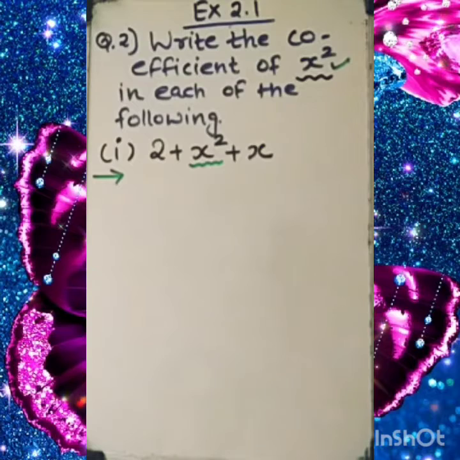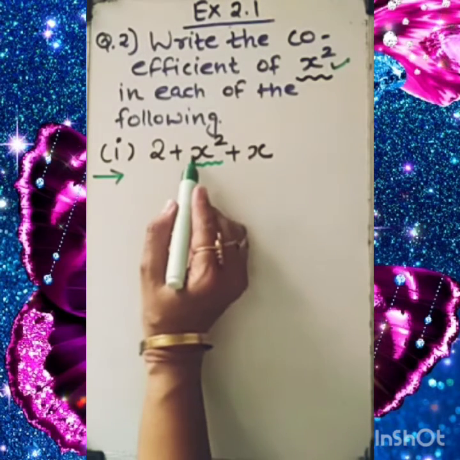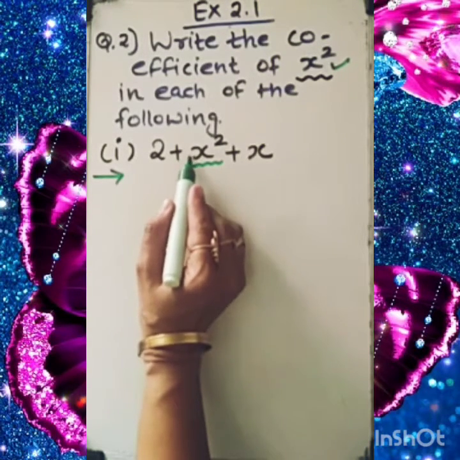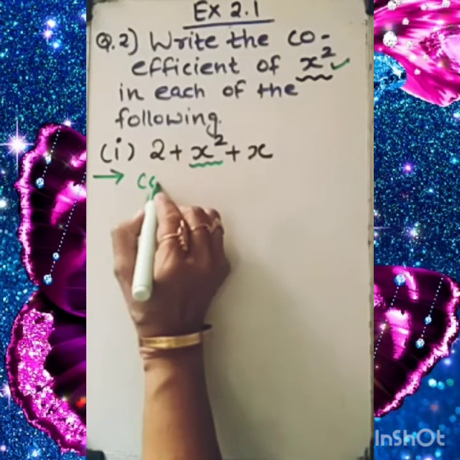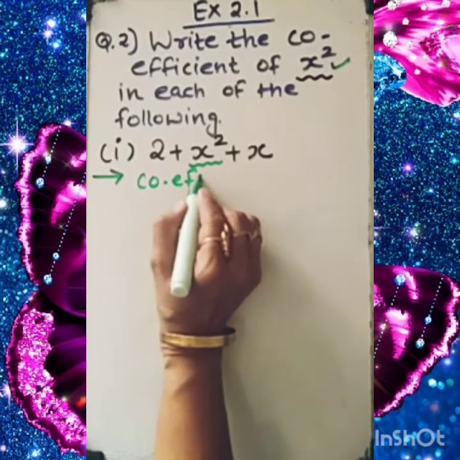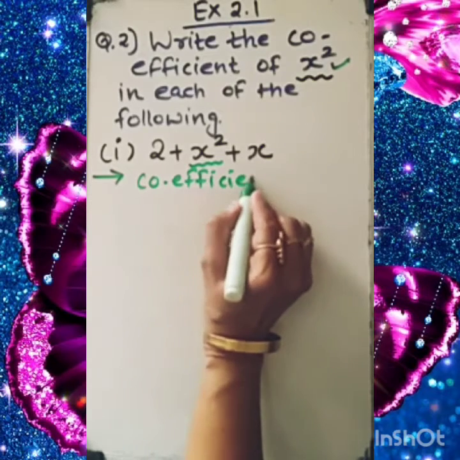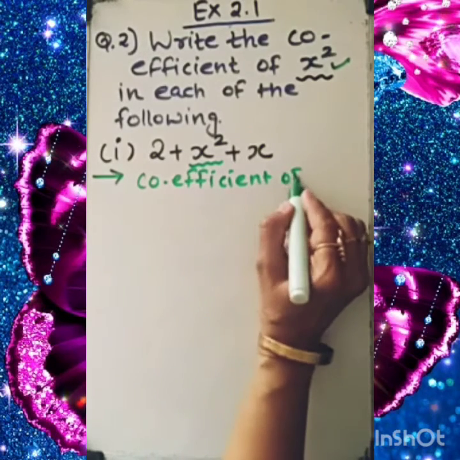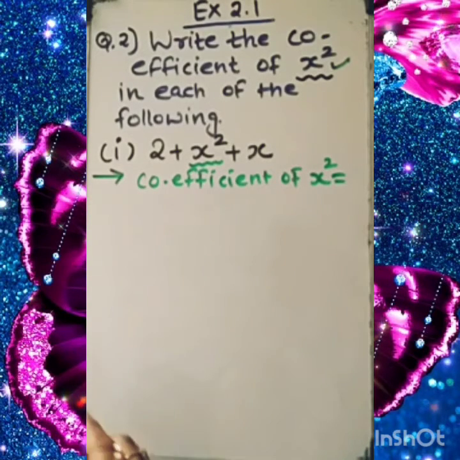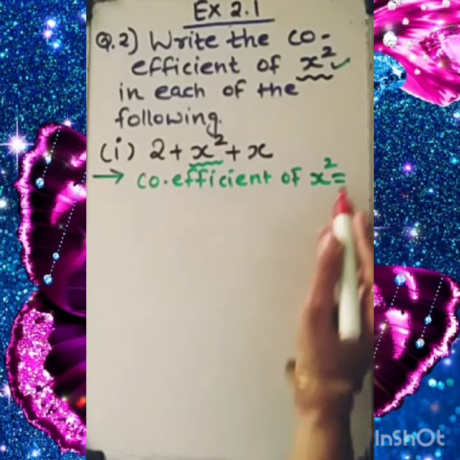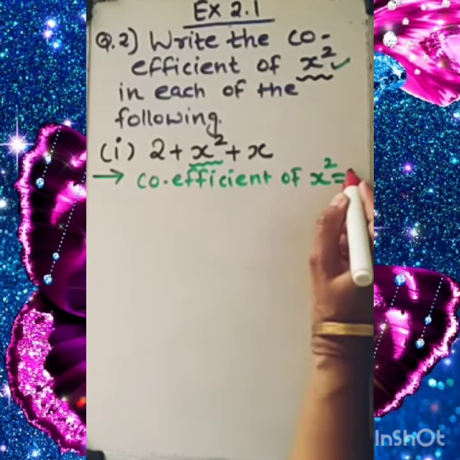This is x square, and x square is multiplied with nothing here, which means always 1. So the coefficient of x square here is equal to 1. In the product, nothing there means 1.